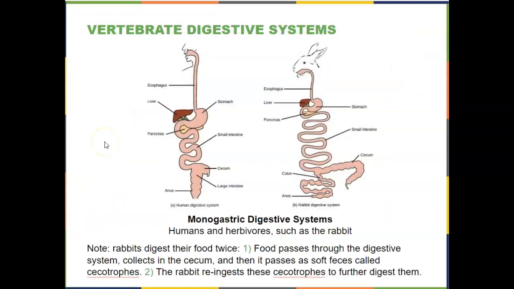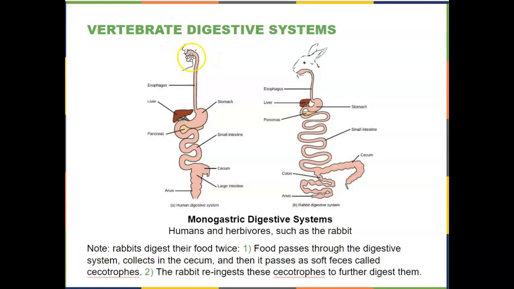All right, when we're looking at a vertebrate digestive system, it's also referred to as a GI tract, gastrointestinal tract, or alimentary canal; all mean the same thing. So y'all know this stuff already.